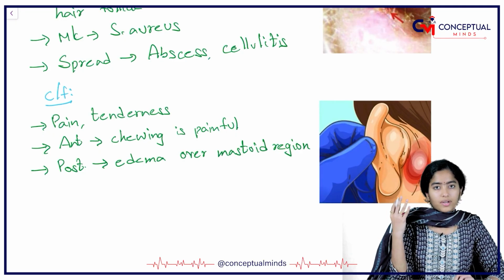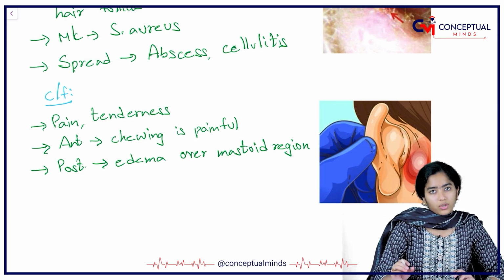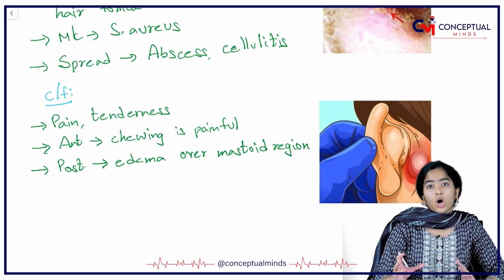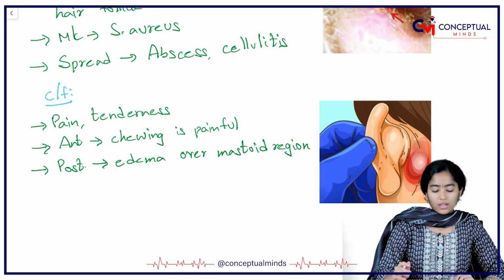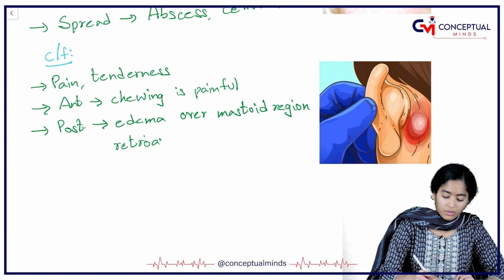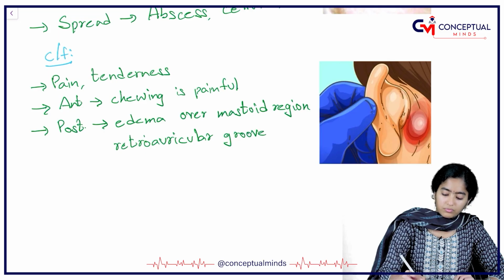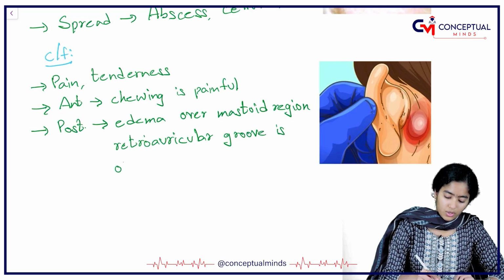And when there is edema and swelling, the retroauricular groove or the retroauricular sulcus will sometimes get obliterated. When there is severe swelling, the retroauricular groove gets obliterated, because of the edema and swelling.